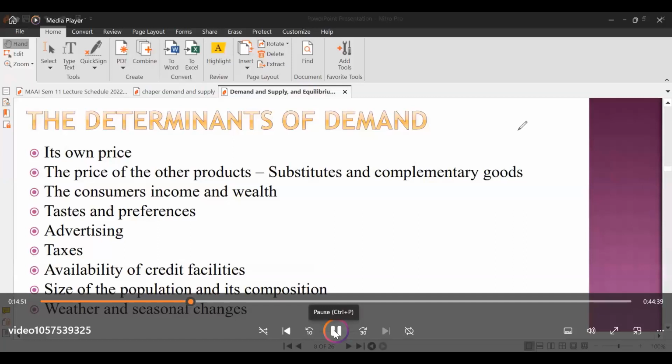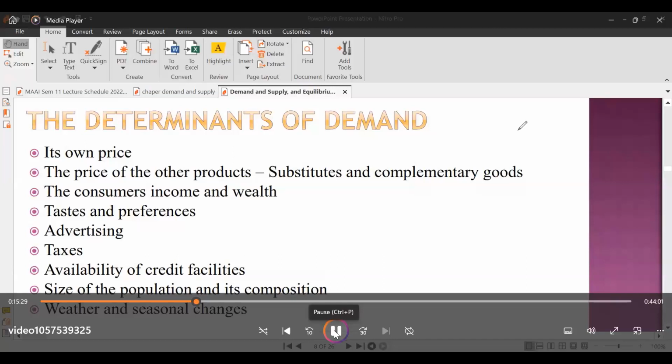Then the consumer taste and preference, their desires, their wish, whether that passion matches with me. Is there any interest to purchase that or not? Then maybe advertising, the availability of credit facilities, weather changes, the size of population, all these factors will affect and determine the demand.